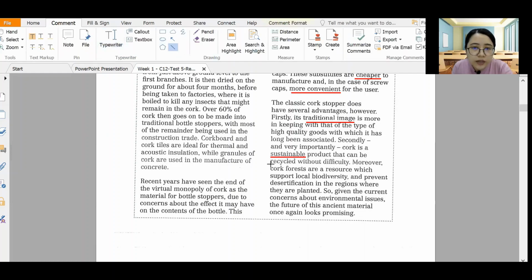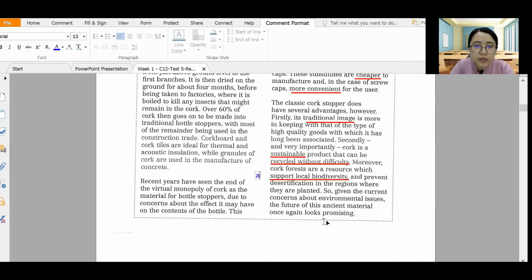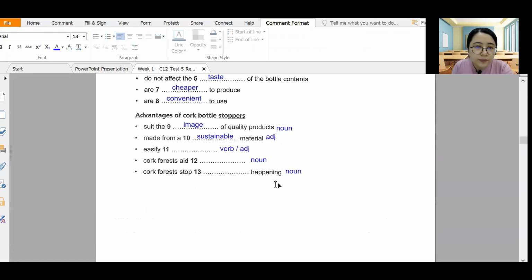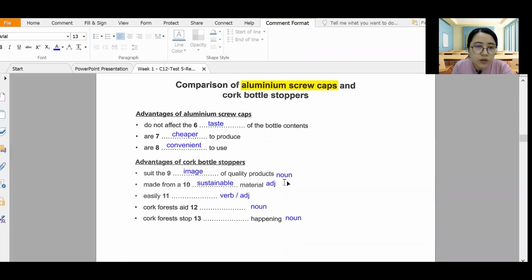That is easily, right? So I think the next is going to be recycled. And the word aid means to support local biodiversity. This is easily, without difficulties, easily.